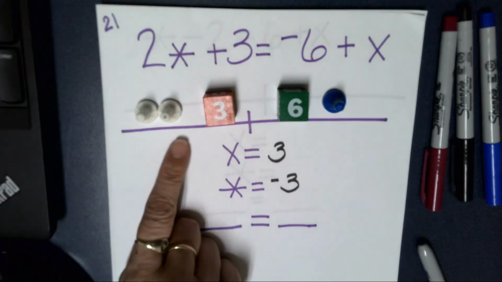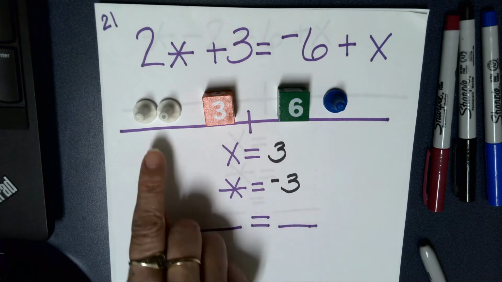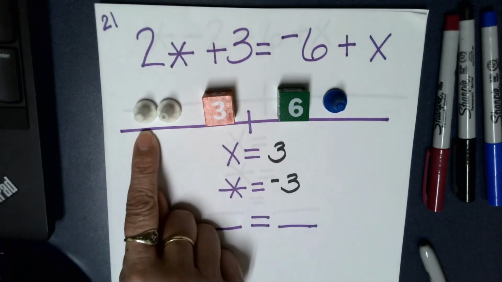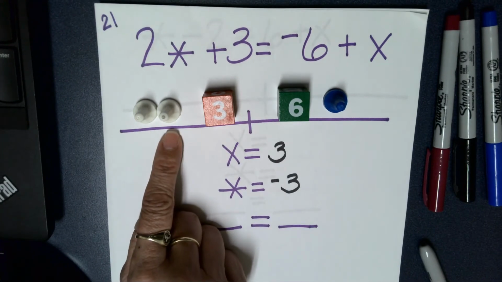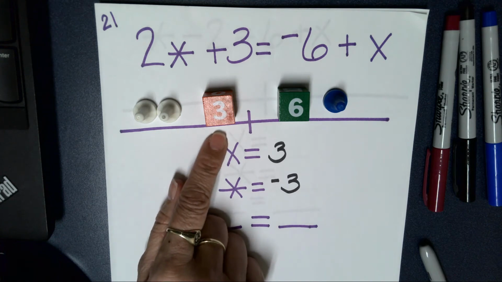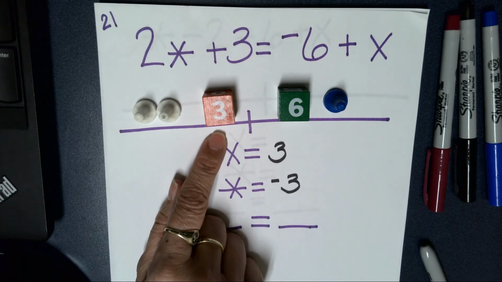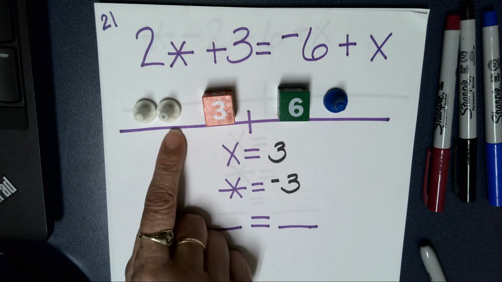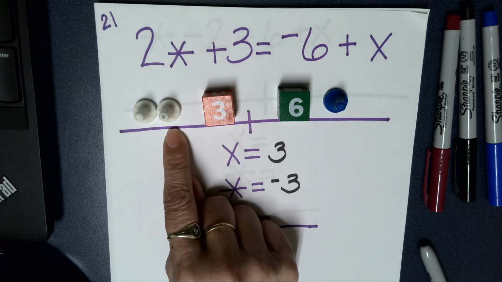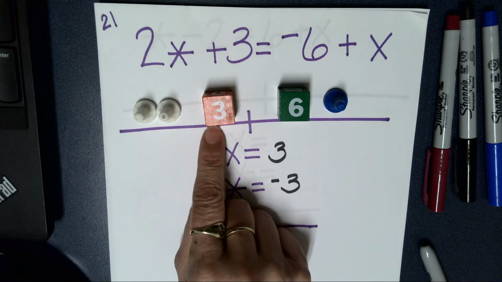So our stars are worth -3. So I have -3, -3 plus -3 is -6, and -6 plus 3 means we're going back up, is a -3.